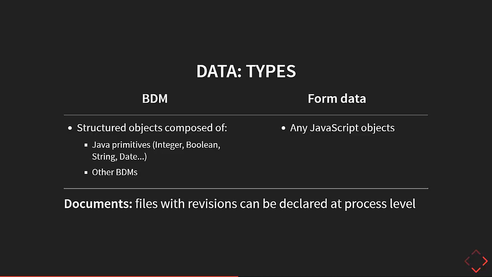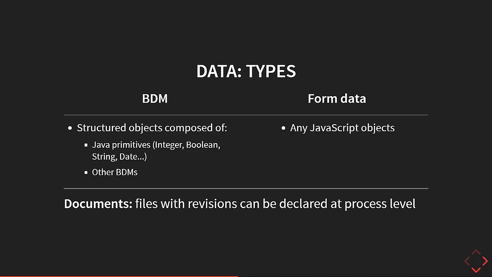For the two different data types, the business data model and the form data, there are different kinds of data we support, but actually they pretty much support the same kind of information. It's just that on one side, when you create your business data model, as I said, this will create some Java objects, so they can have simple attributes like integer, boolean, text, dates, but also you can create more complex objects by combining them with each other.